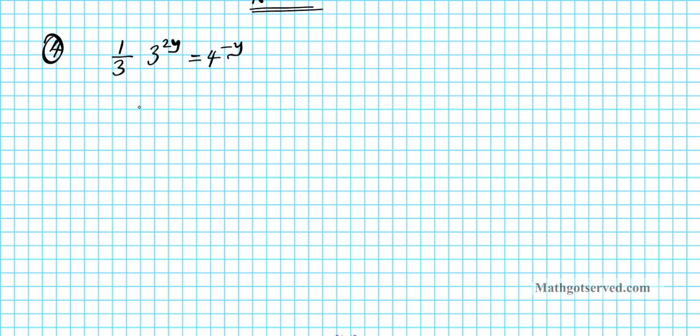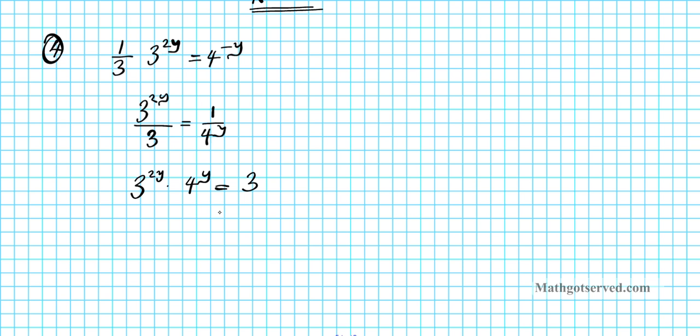So let's write this as 3 to the 2y over 3 equals, now we reciprocate this because of the negative sign in front of the exponent, 1 over 4 to the y. Okay, so we can just simply cross multiply here. If we cross multiply, we're going to have 3 to the 2y multiplied by 4 to the y equals 3.